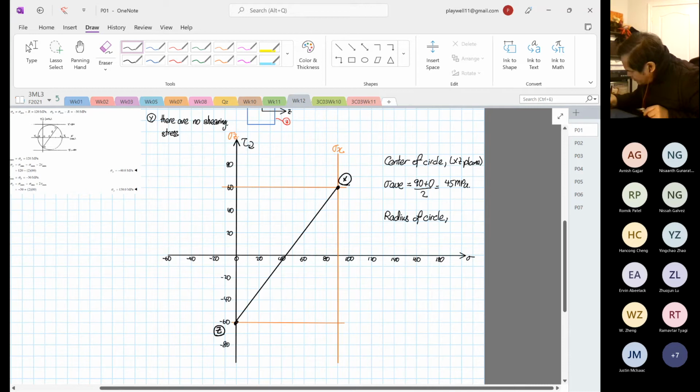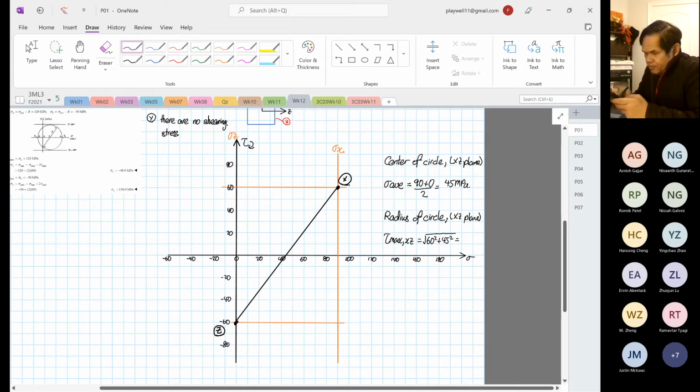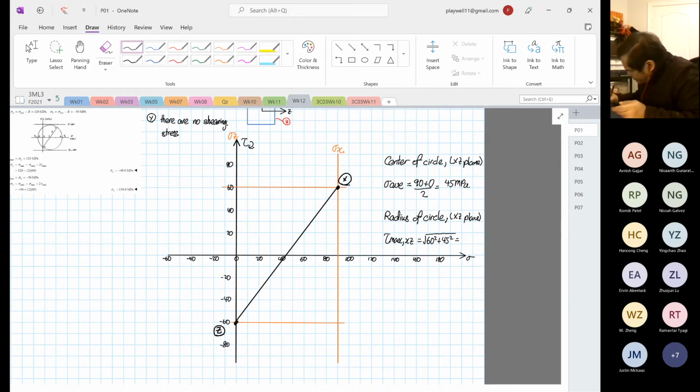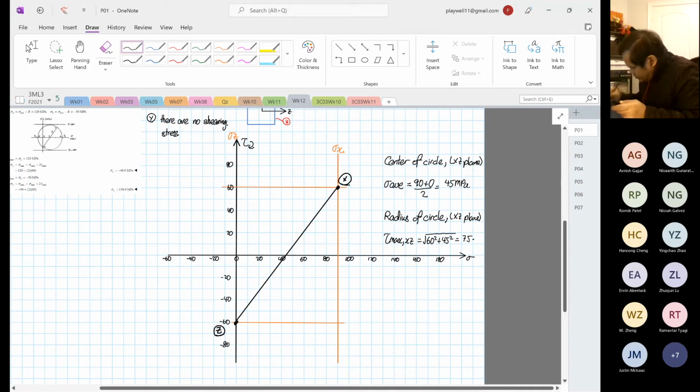So again, for the XZ plane, our tau max for XZ is equal to the square root of 60 squared plus 45 squared. Okay, so 60 squared, 45 squared, 75.